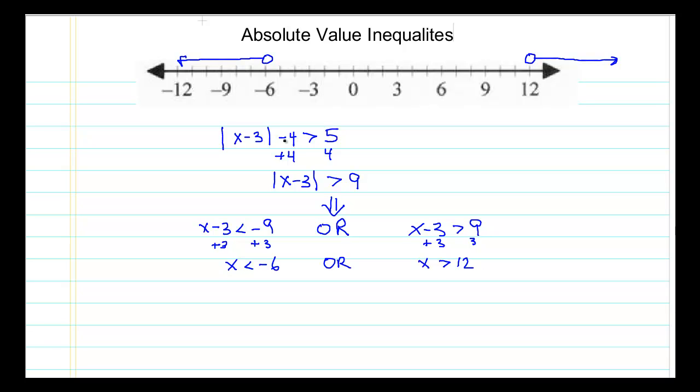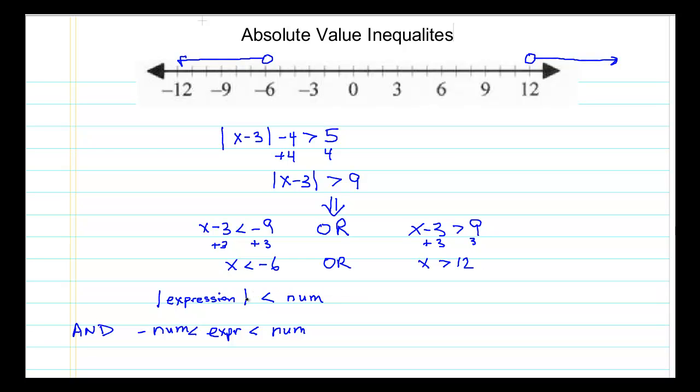So what we've learned here is that we will be converting absolute value inequalities to compound inequalities, and if we have the absolute value of an expression less than a number, we are going to turn that into an AND or in-between inequality, and we will do that by putting the expression between the original number here and the negative of that number.